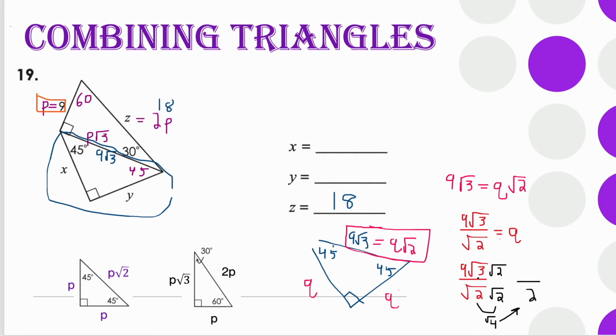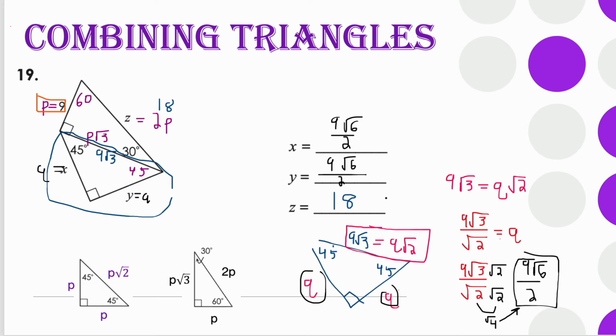The top, we could actually multiply the insides, the 3 and the 2, to turn into root 6. So in this case, q is 9 root 6 over 2, and q is also equal to x and y, because they're the sides of the 45, 45, 90. So with that, we get our answer: 9 root 6 over 2 for x, for y, and then 18 for z.